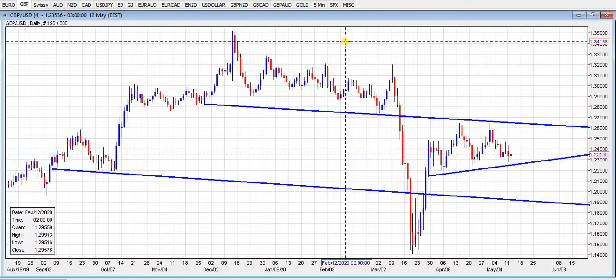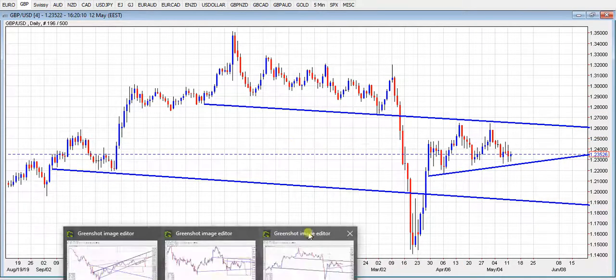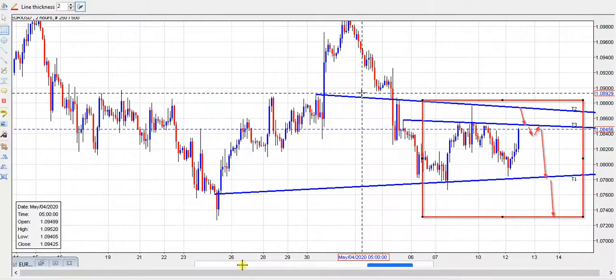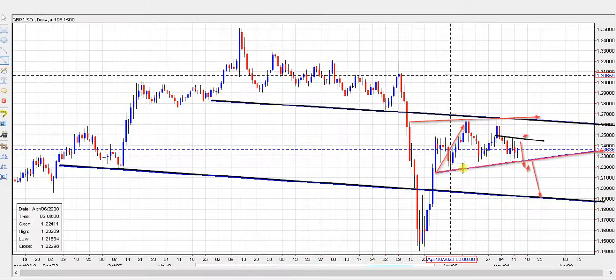I was mentioning this is a broader channel that I was looking into. Yeah, this was the broader channel that I was looking at, and that is between this black.